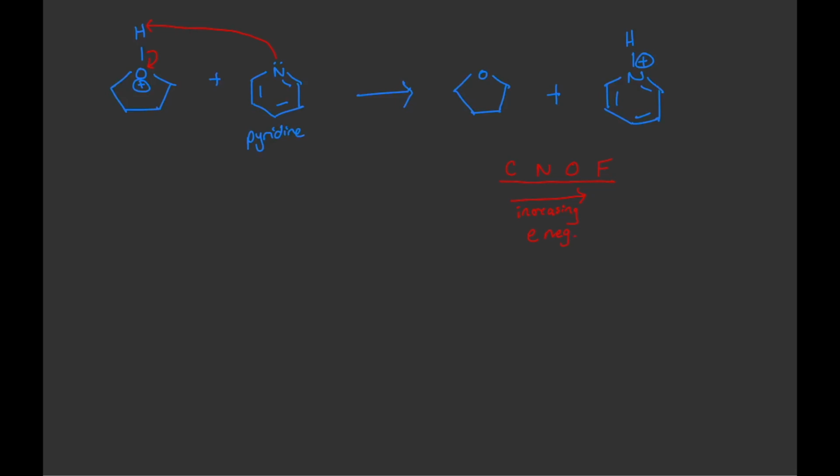So if we think about our periodic trends, we can see that oxygen is more electronegative than nitrogen. Therefore, that oxygen wants to be neutral more than the nitrogen does. In fact, we call nitrogen electropositive, which means that nitrogen is okay to carry a positive charge. It's more stable carrying a positive charge than oxygen is to carry a positive charge. So that's why the positively charged pyridine is okay.